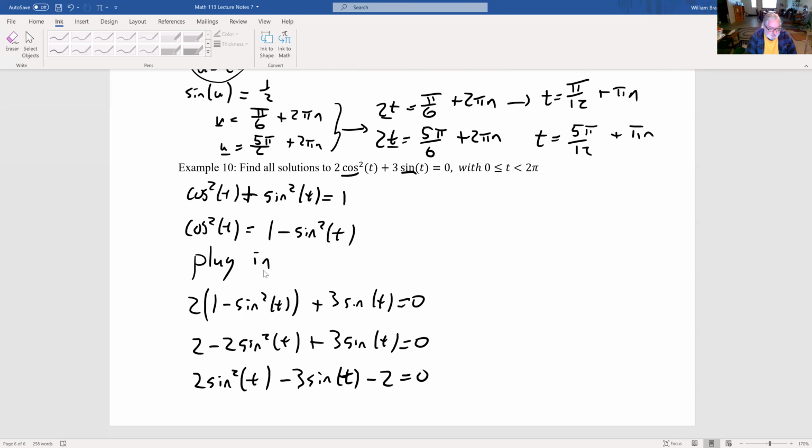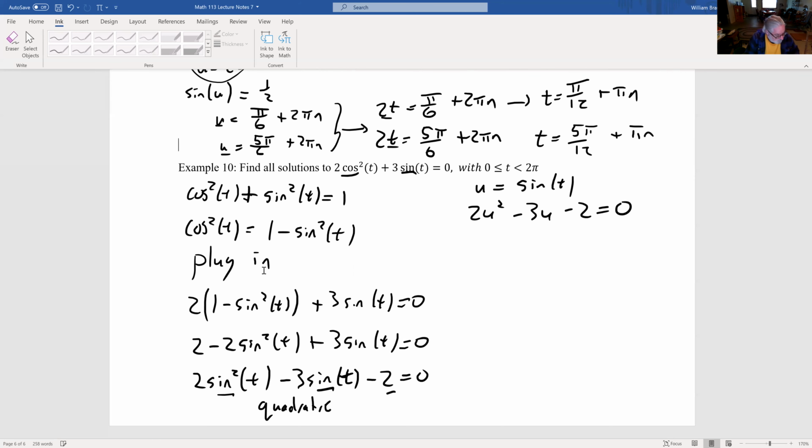And again, I look at this and I think this is something squared plus something plus a constant. That's a quadratic. We can set u equal to sine of t. And then this becomes 2u squared minus 3u minus 2 equals 0.